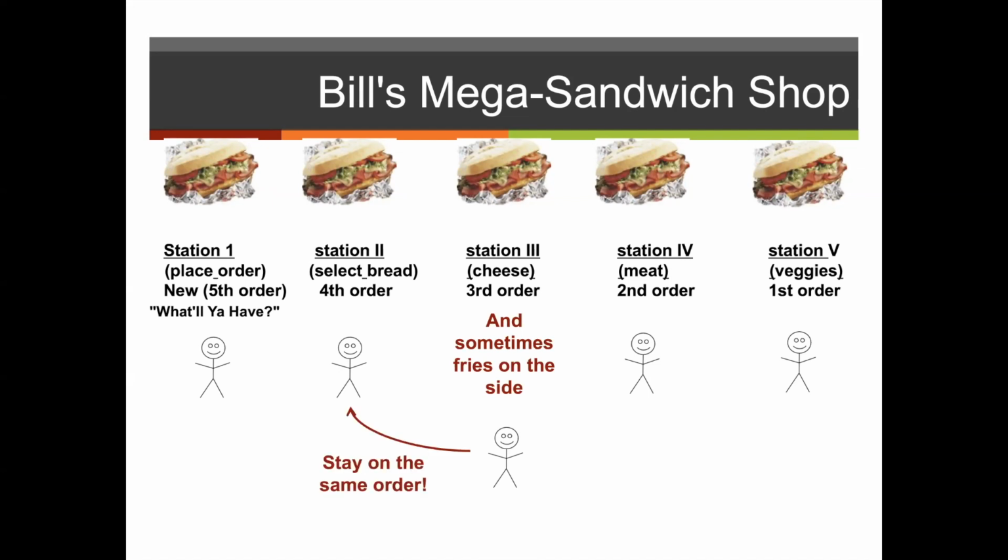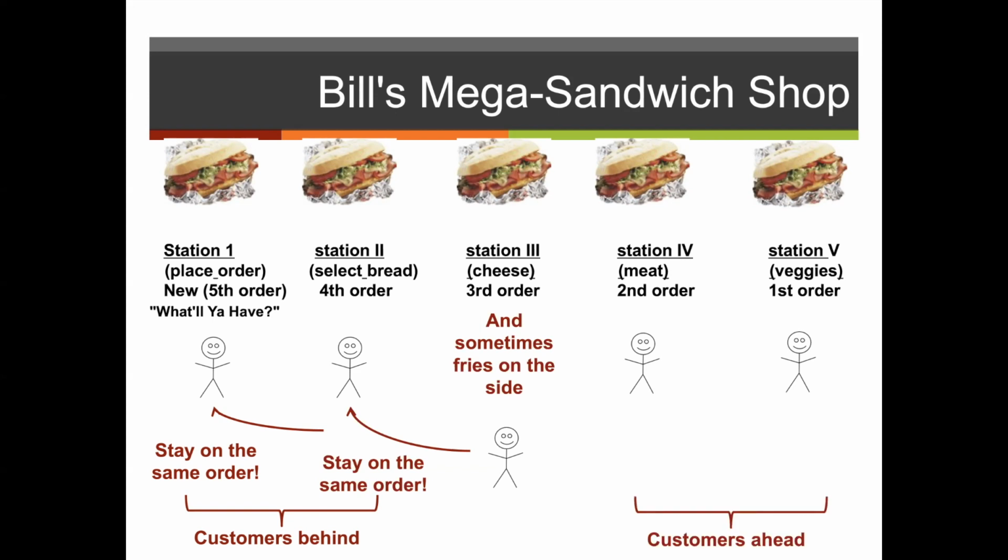In this scenario, if the cheese guy needs to get the fries as well, this results in the cheese guy taking a break from his work. This can result in inefficiencies because as he has to get the fries, work is stopped.